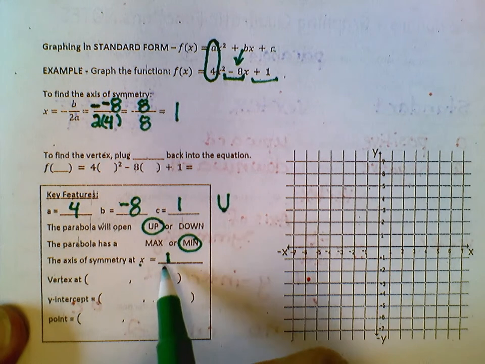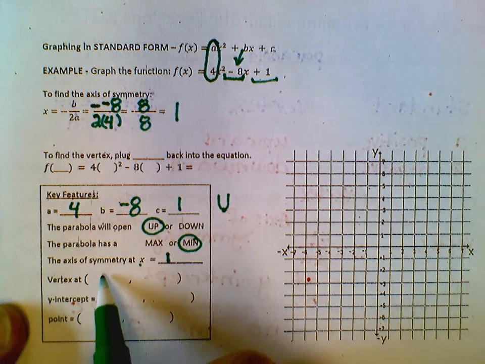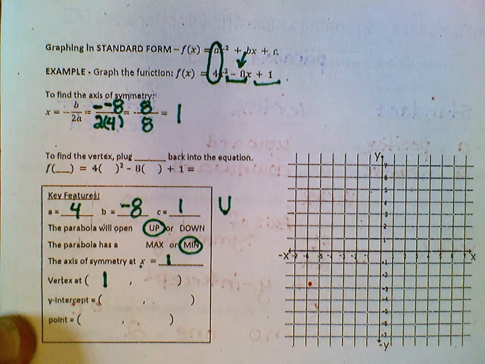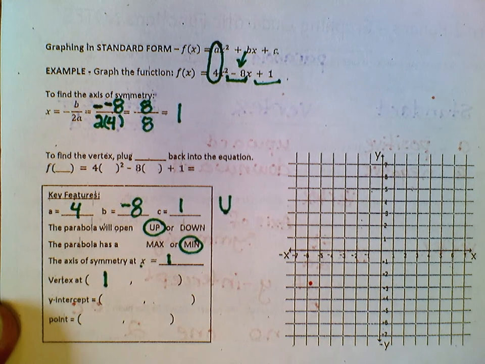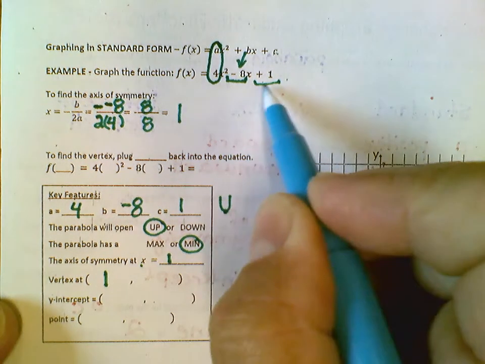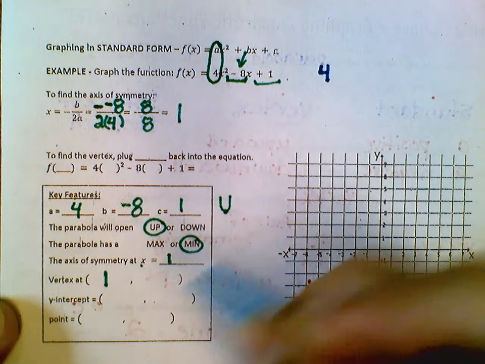Now, as we talked about on the other page, my axis of symmetry is going to be the same value as the x value of my vertex. And because I know that, now I can find the y value of my vertex. So I'm going to go up to this equation. I have 4, my x is 1 now.